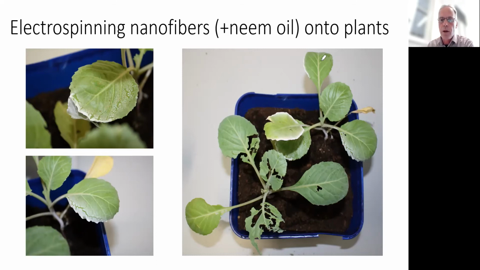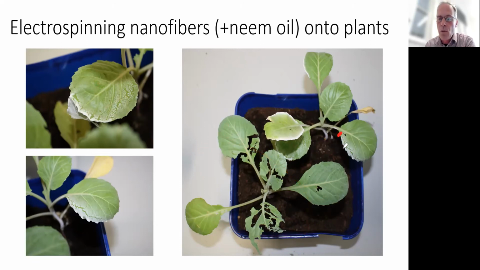And so by spraying cabbage seedlings, in this case with this neem oil containing nanofiber, against one that was not coated, you can see this one is significantly damaged by caterpillars that would, when released near the seedling, migrate to the uncoated seedling and damage it, and were repelled from the coated seedling.